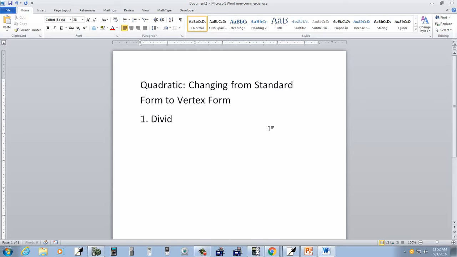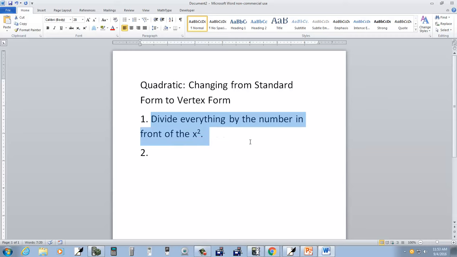Step 1, divide everything by the number in front of the x squared. Step 2, actually, what am I thinking?